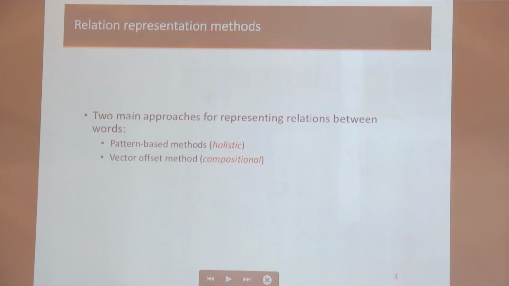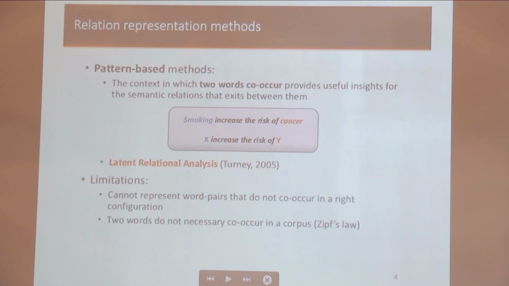In the NLP literature, there are two main approaches to represent relations between words. We call the first a pattern-based method, and the second a vector offset method. The pattern-based method simply exploits the context in which the two words co-occur in a large corpus, and it has been shown that these kinds of patterns are indicative of the relation that exists between the two words.